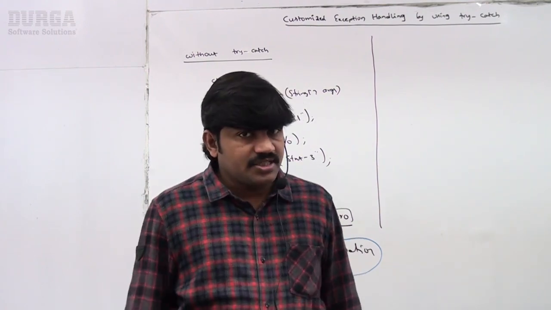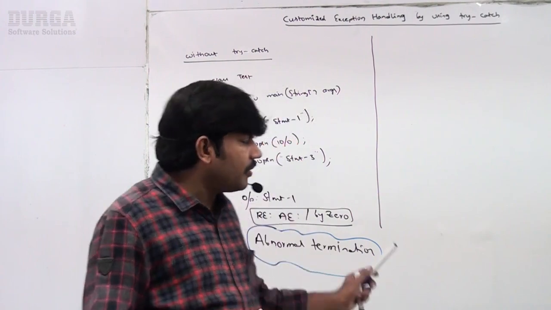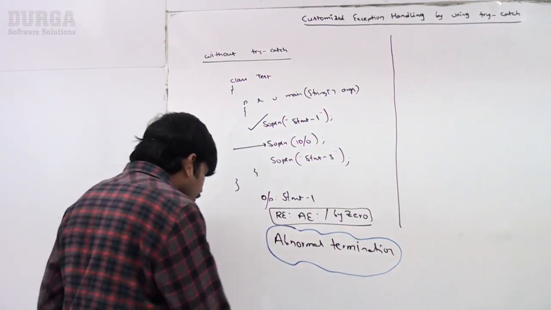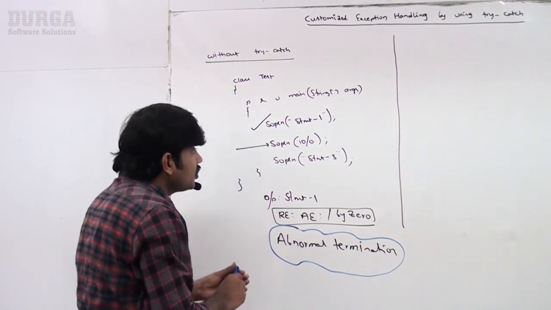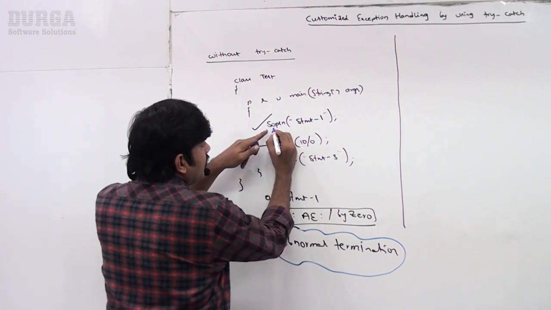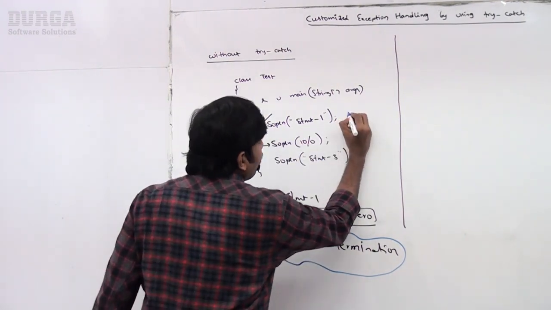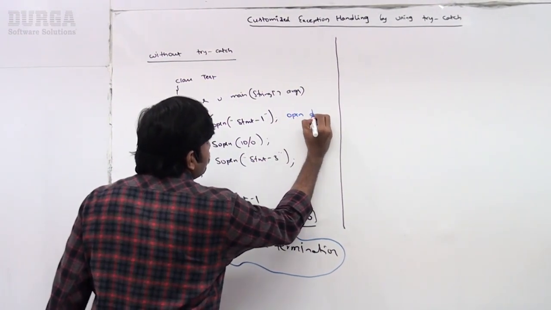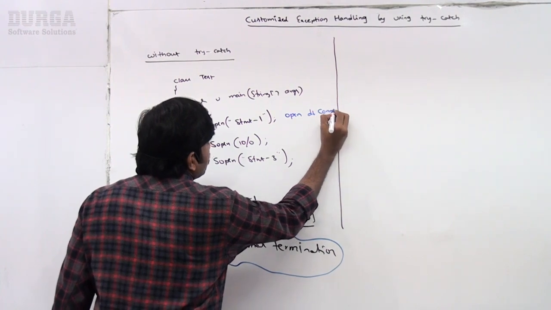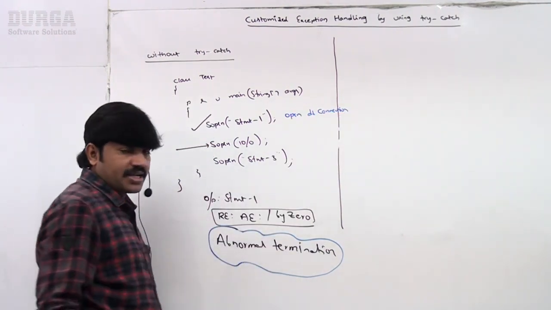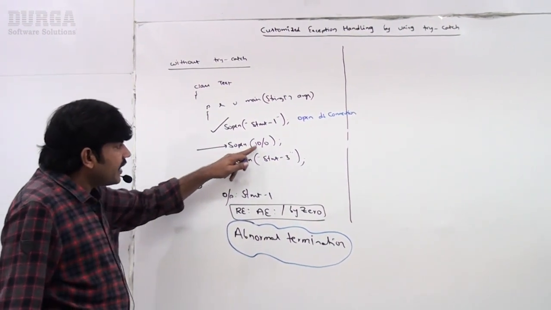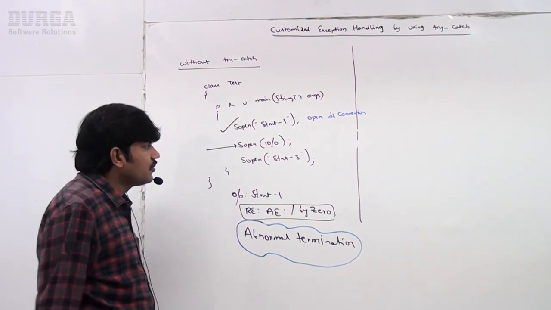In the last videos I explained this very clearly. Of course, here observe. Suppose assume this code: first line, open DB connection. Second line, read the data from the database. Third line, close DB connection, right? Observe carefully. What is the first line? Open database connection.